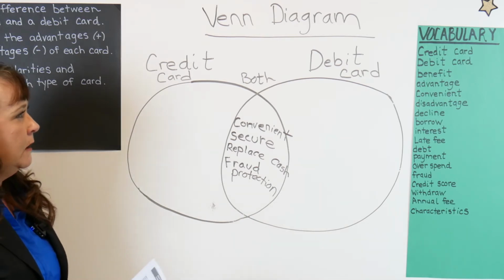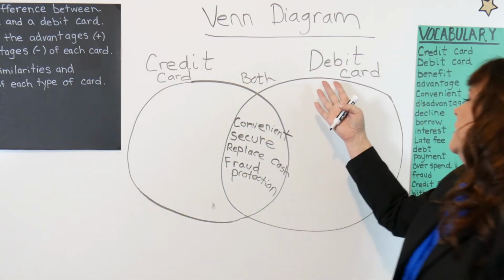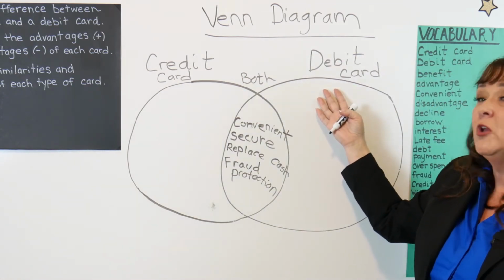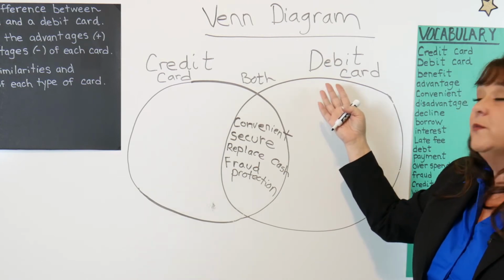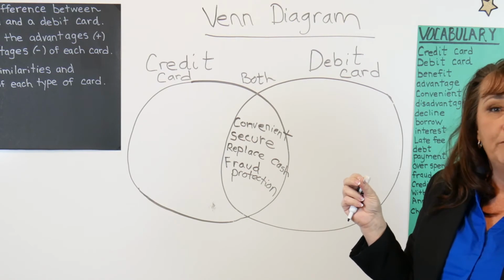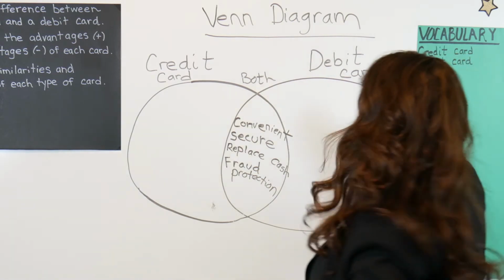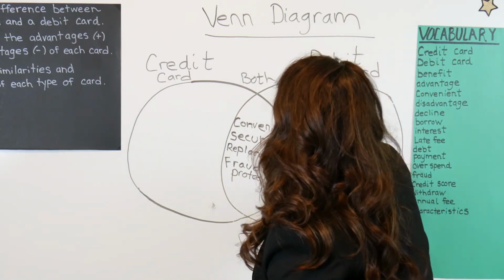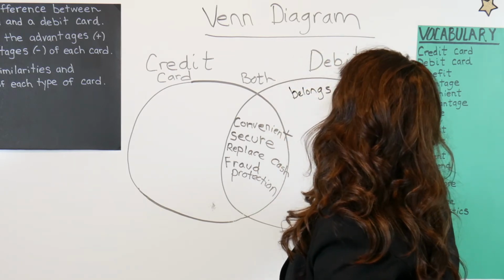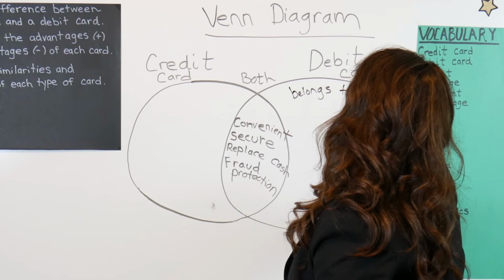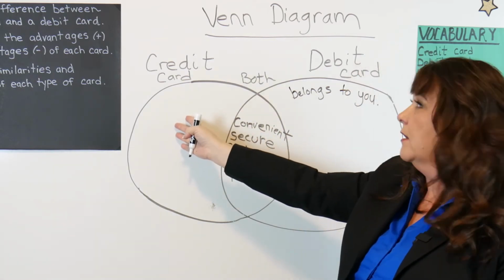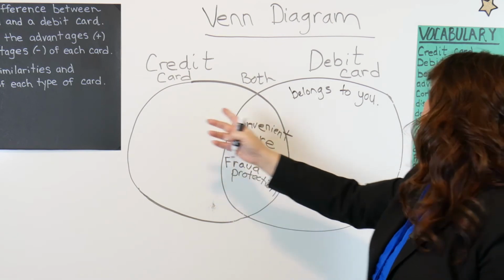So first of all, a debit card is your money. It's money that is in your account. So when you use a debit card, it's only taking out money that belongs to you. This money belongs to you. But with a credit card, you are borrowing money.